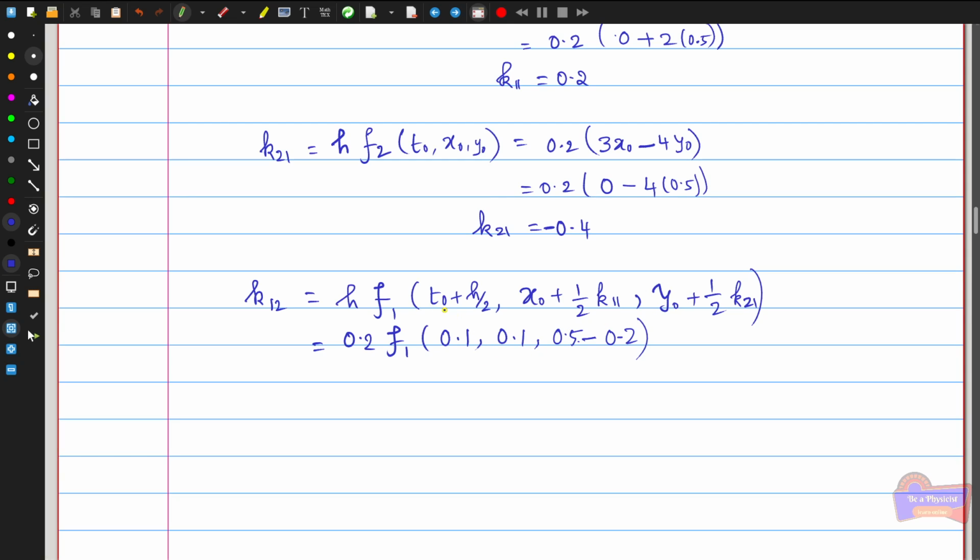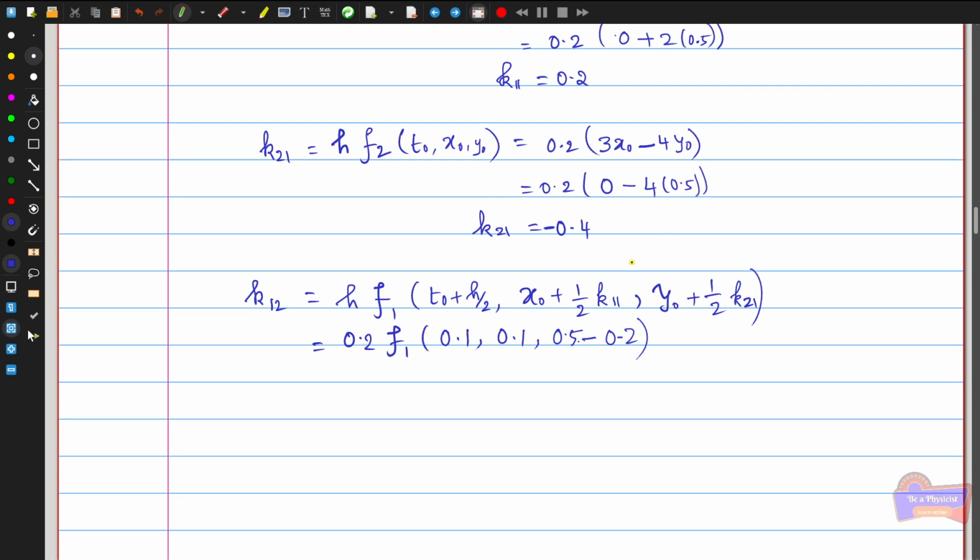The t0 is 0 and h is 0.2, so 0.2 divided by 2 you will get 0.1. Similarly, x0 is 0 and the k11 value which we calculated, 0.2 divided by 2, gives 0.1.